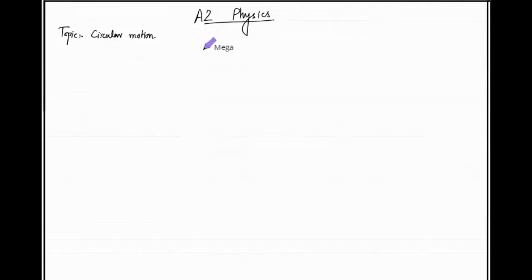First topic for A2 physics is circular motion. To understand circular motion, you have to understand how force should act on an object so that it moves in a circular path. For that, let's consider this is an object.